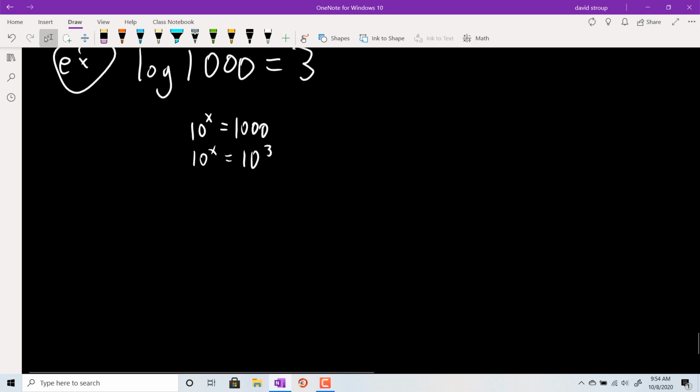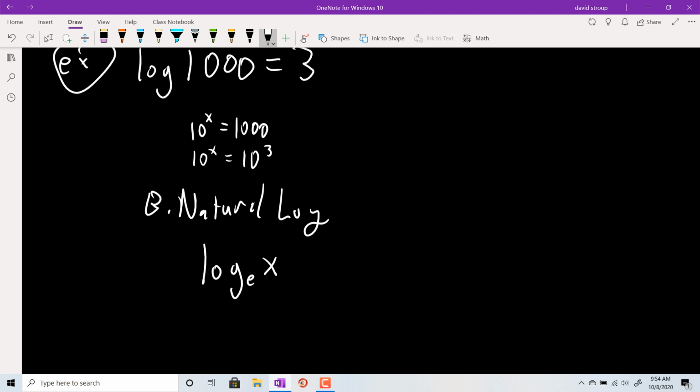Then the other kind of log we have is the natural log, which is log base e, the natural number e from the last section. It's about 2.7, like the number pi.